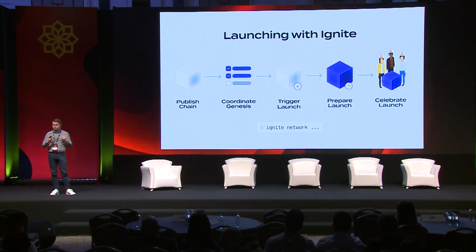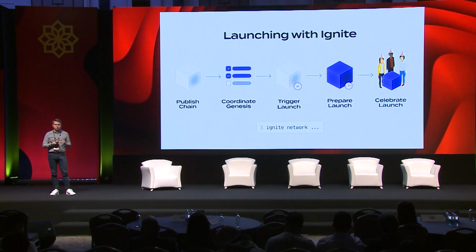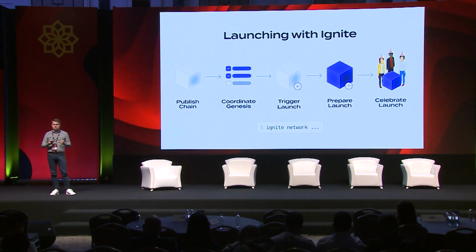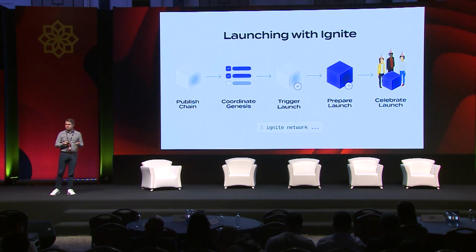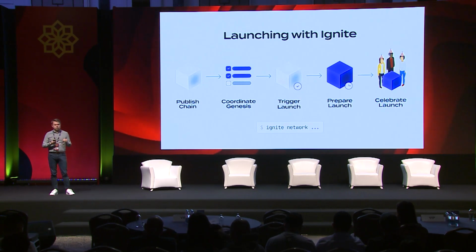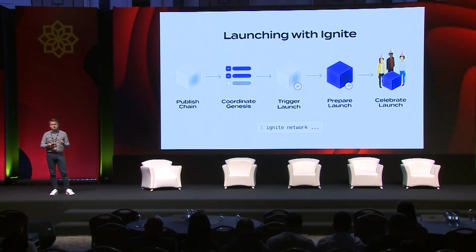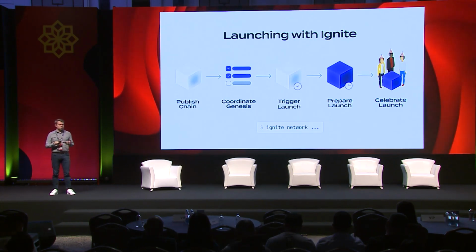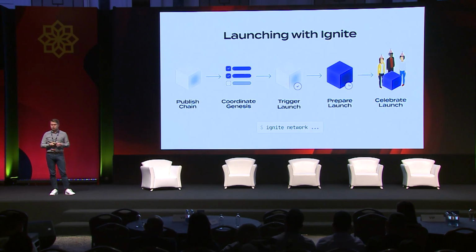And now validators can use Ignite to pull the latest Genesis file and start their nodes. It doesn't take more than 30 minutes to launch a testnet with your friends, for example. So we reduced the barrier to entry greatly to allow anyone, literally any developer, to start building with Ignite and Cosmos.